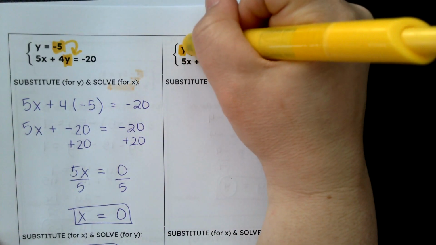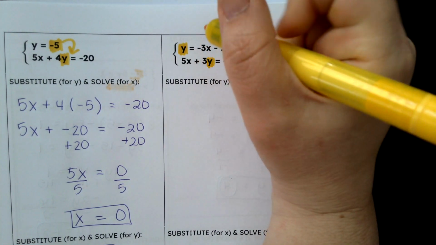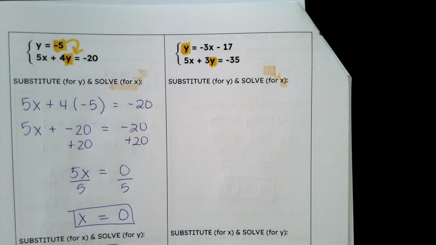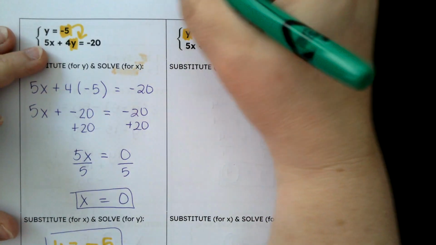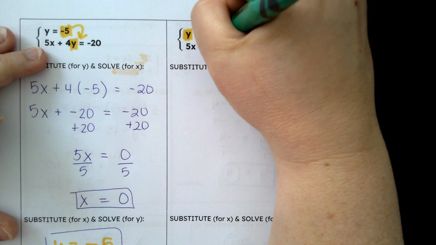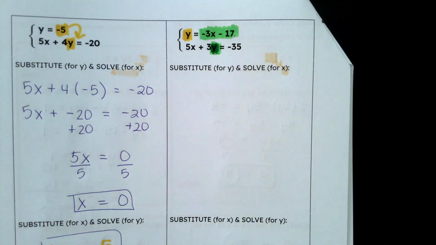y is the teacher, because it's already by itself, and it's going to go into, whoops, I highlighted the wrong thing. Let me choose a different highlighter. All right, so y is the teacher, -3x plus 7 is the substitute, and it's going to take that teacher spot.